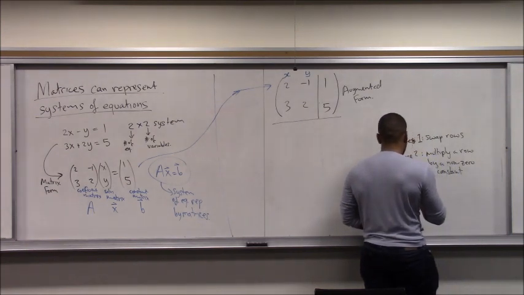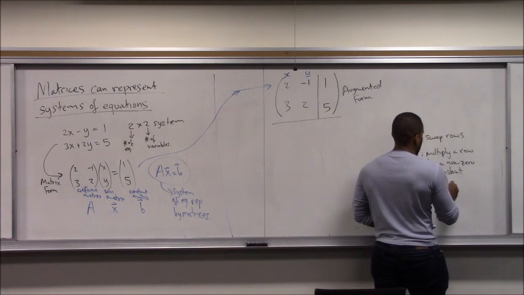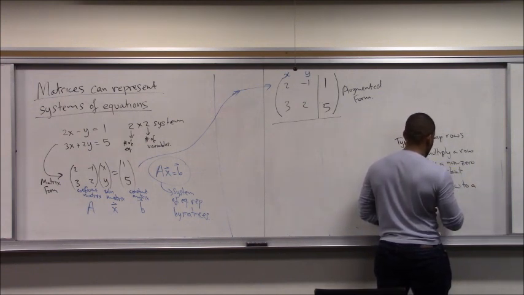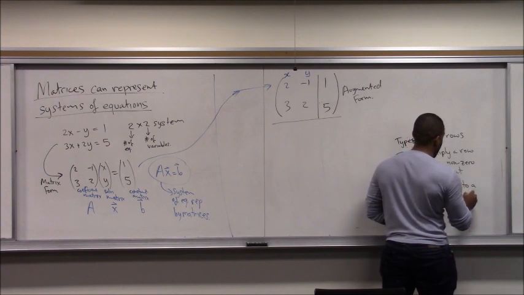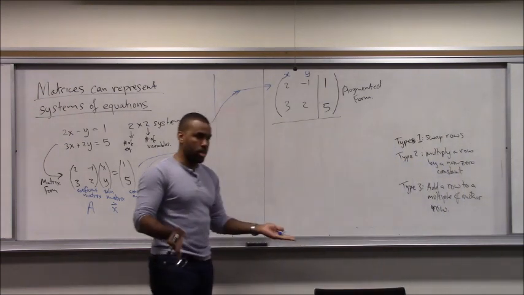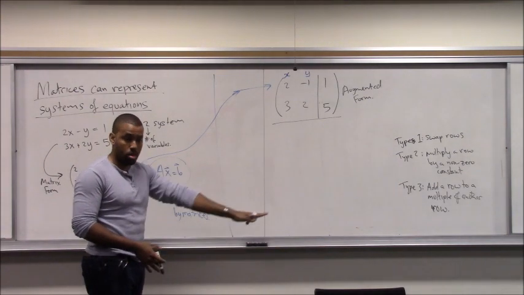And there's type 3, add a row to a multiple of another row. There's nothing else you can do when it comes to solving an equation. If you're not doing one of these 3 things, you're wrong.